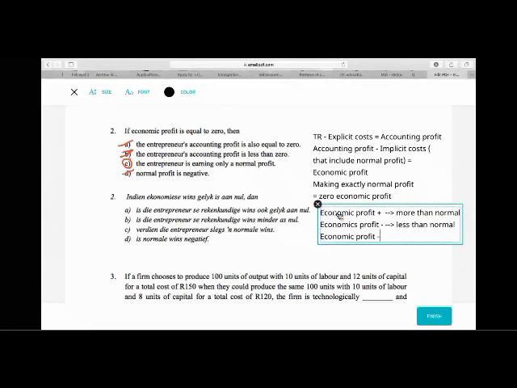And if economic profit is zero, this would mean that you are making exactly normal profits. Okay, so that's why when we talk about normal profits, we also talk about it as zero economic profit or break even. Basically, your revenue and your costs, which include explicit and implicit costs, balance out.